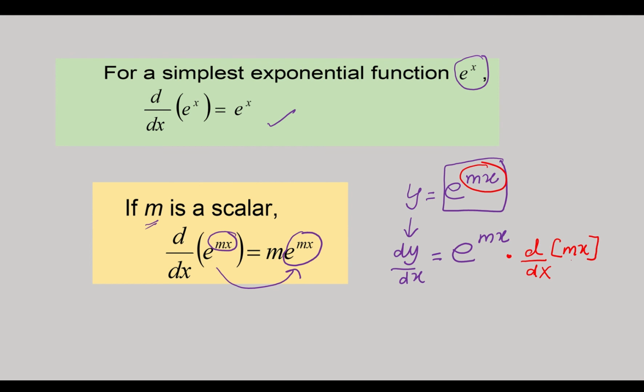The answer is m. So you need to bring m in front. You copy the function e to the power of mx, differentiate mx, the answer is m. But when you write the solution, you have to bring m in front, m e to the power of mx. Okay, as given here.